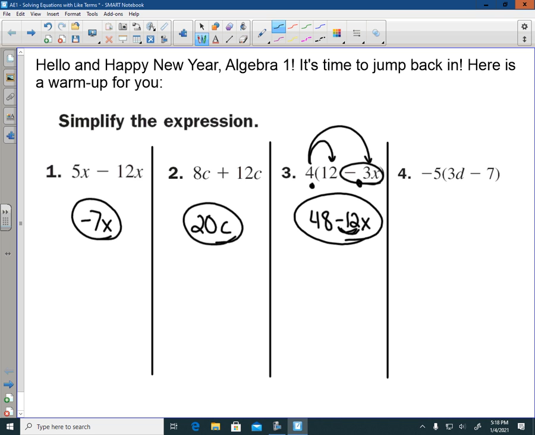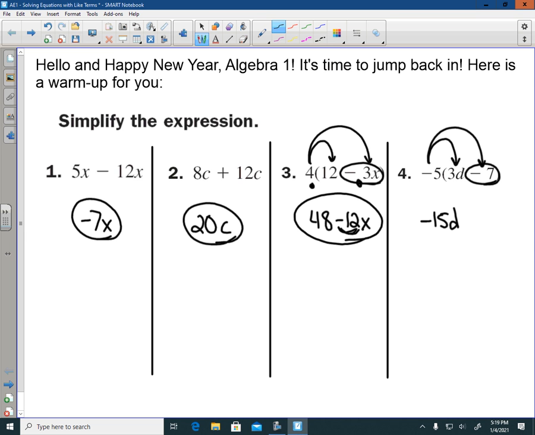We're going to get rid of the parentheses by distributing. We'll distribute this negative 5 onto this 3d by saying what is negative 5 times positive 3d? Well, a negative times a positive is negative. 5 times 3 is 15, and that d just comes on down. And then we're going to distribute negative 5 times negative 7.